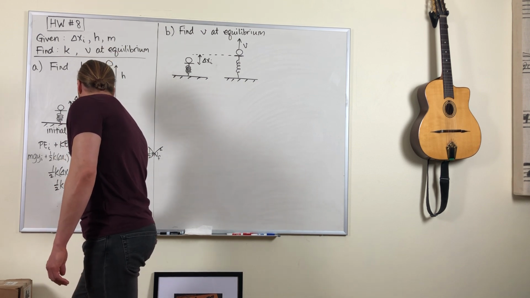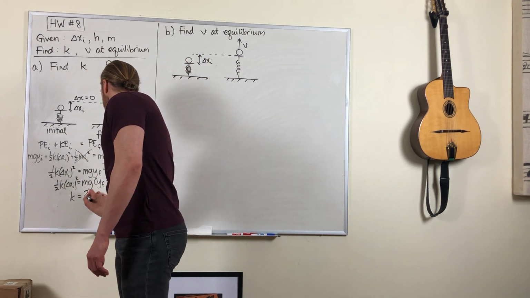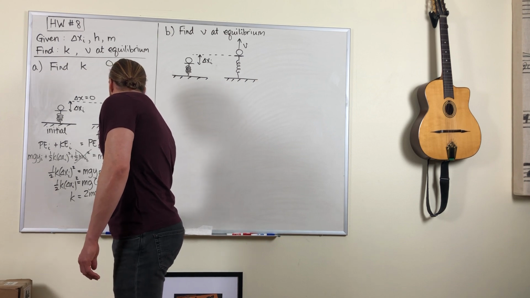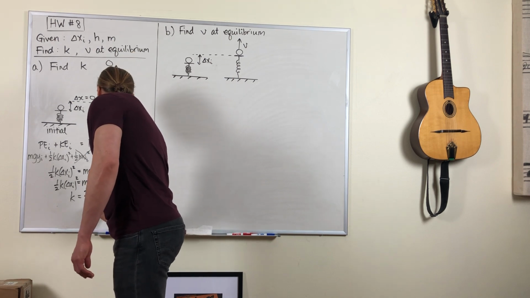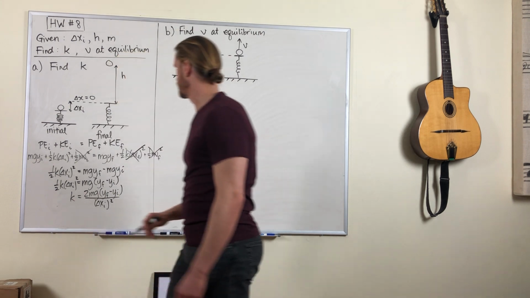And last step, K equals 2 mg (y final minus y initial) over delta x initial squared.